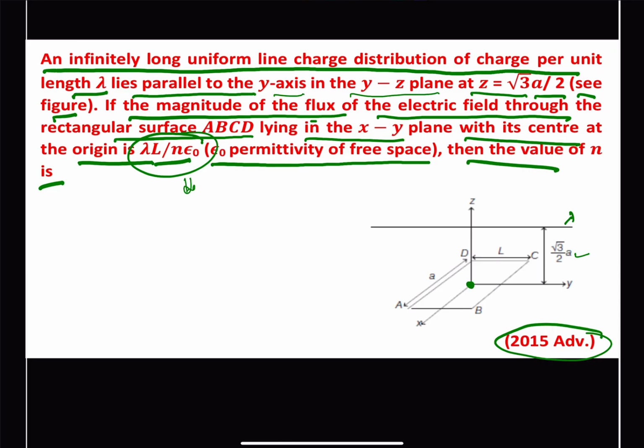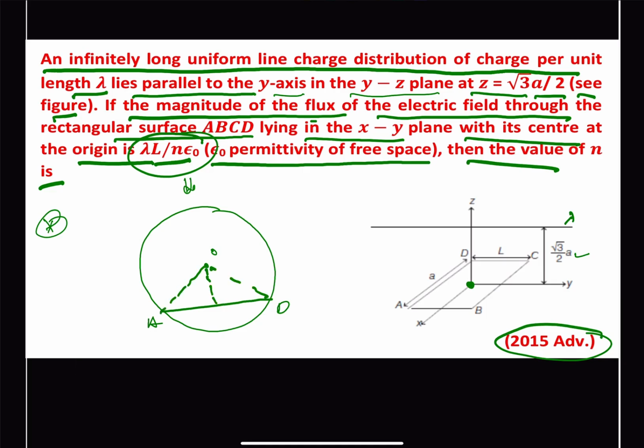So in this case, let us draw a hypothetical circle which will consist of a part of this particular loop, and this is center O, and we have a length that is our AD, and let us join the respective points, and this midpoint is, let us suppose, given as M. So AD is given as A, and so AM will be equal to A by 2, and MD will also be A by 2.